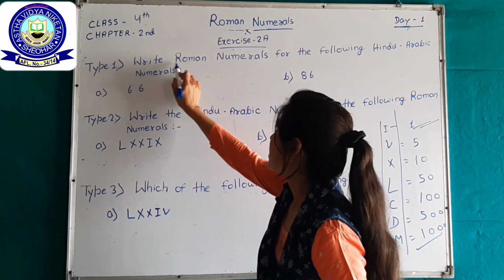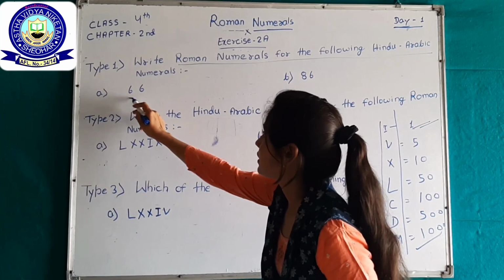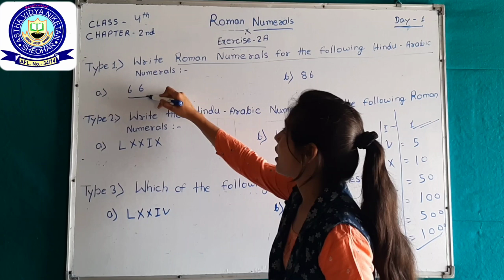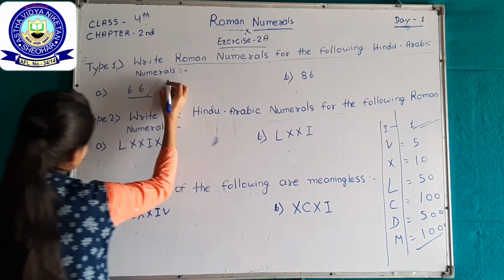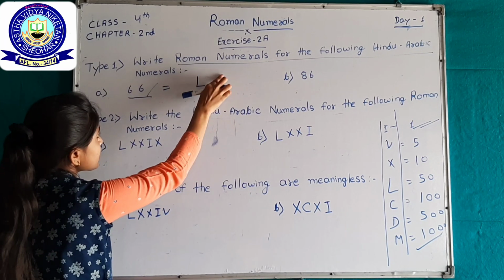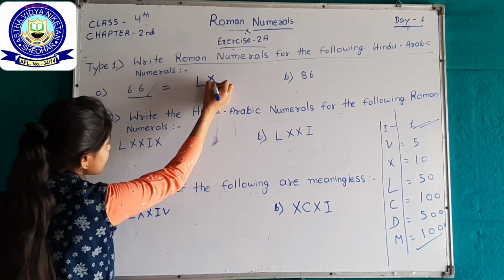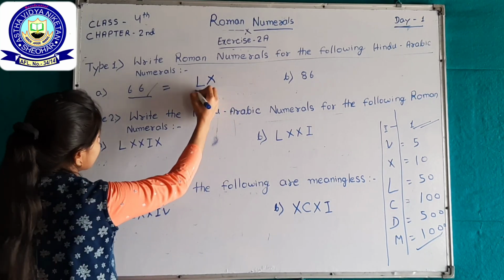Your first type of question: write Roman numerals for the following Hindu Arabic numerals. Here is 60. We know L is 50, and when a symbol appears after the largest symbol, it will be added.